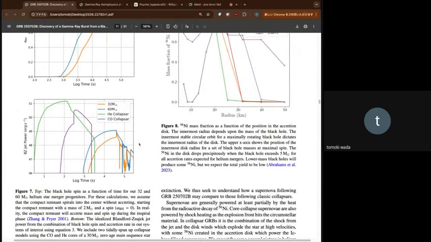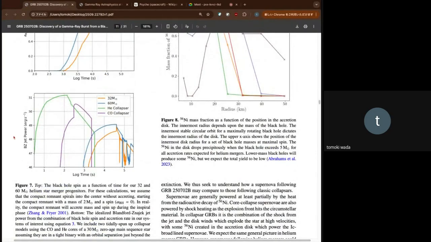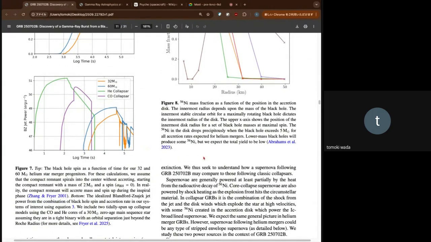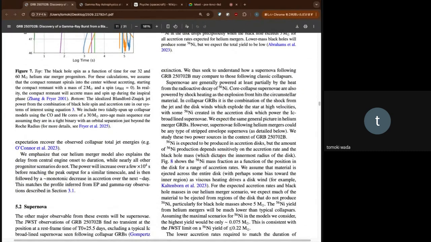And their figure doesn't show that kind of periodic activity. Maybe something like here, we cannot find that kind of variabilities. So it may be due to... Okay, sorry, I cannot find that answer.